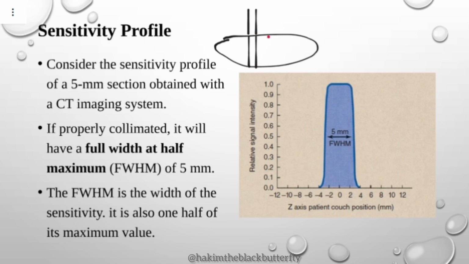But that is not true. The beam diverges a bit, so instead of having a perfect slice, we have something of this kind because the beam has that kind of profile. If the slices are close to each other, this sensitivity profile will keep on overlapping over each other.